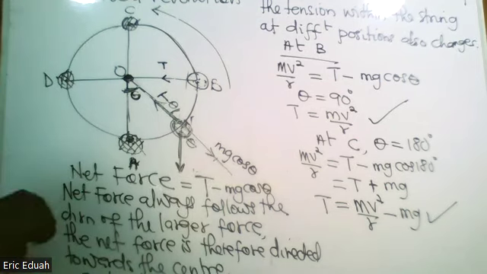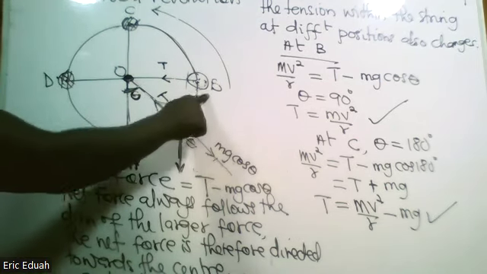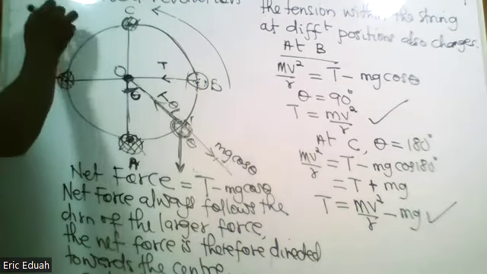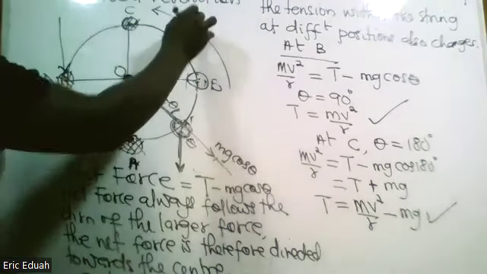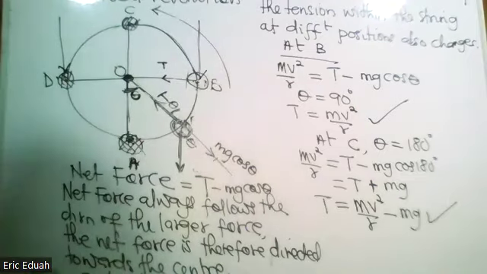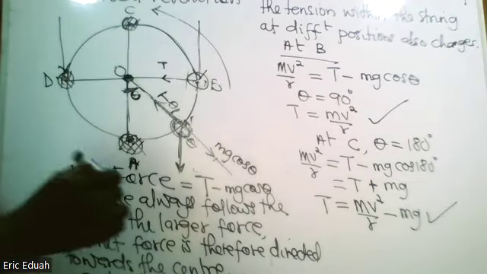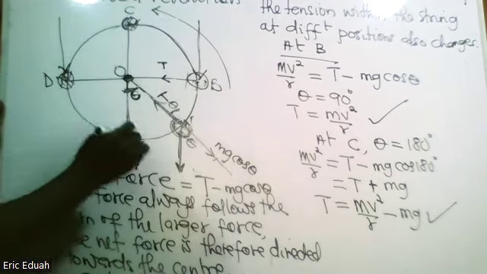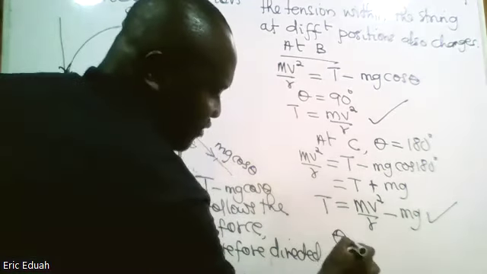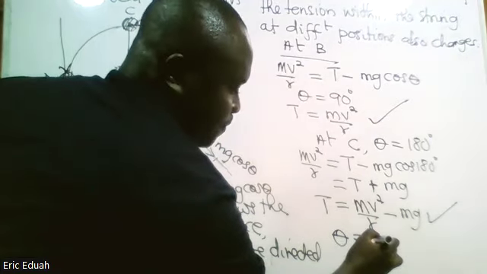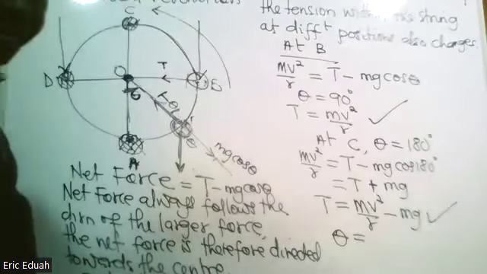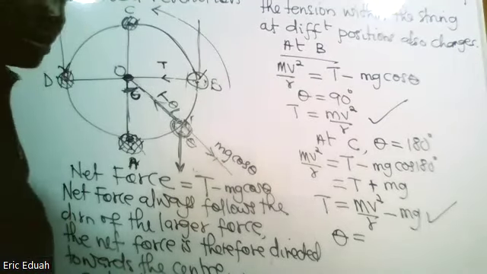Now, the tension in the string at points B and D are the same because the effect of gravity at this level is the same. But you can also try, please. When it moves from A to D, what's the angle involved? 90.